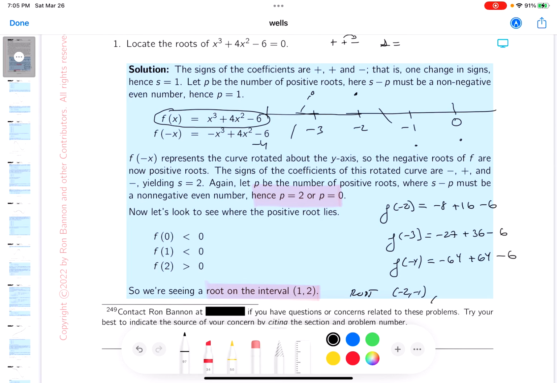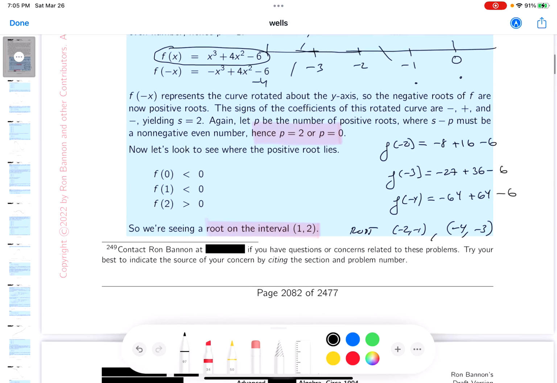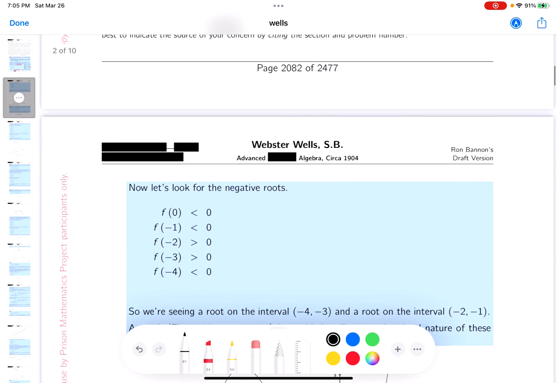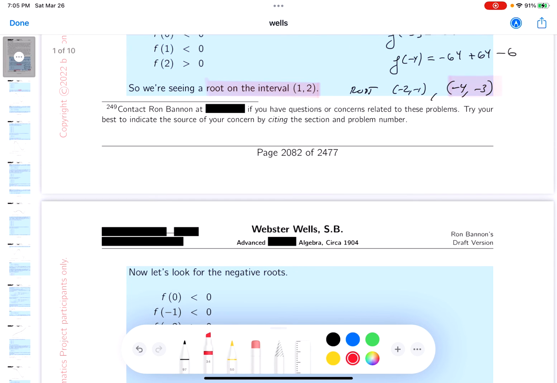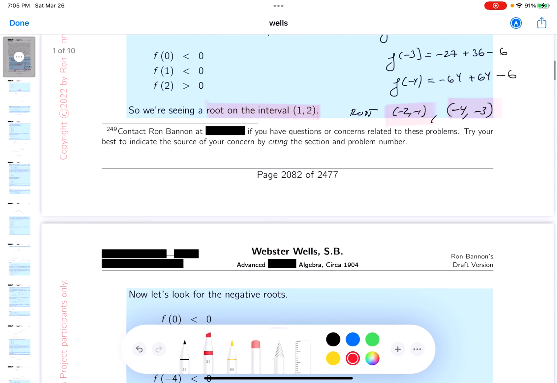And there's another root between minus 4 and minus 3. All right, let's just cut to the chase. Let's see if we got those written down for you. So between minus 4 and minus 3, and between minus 2 and minus 1.